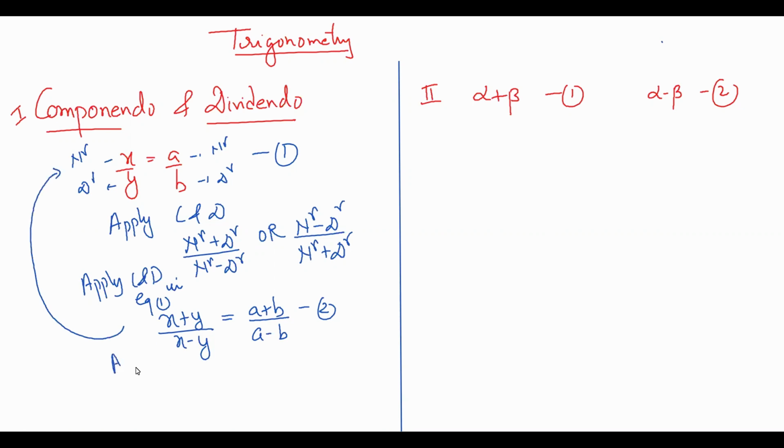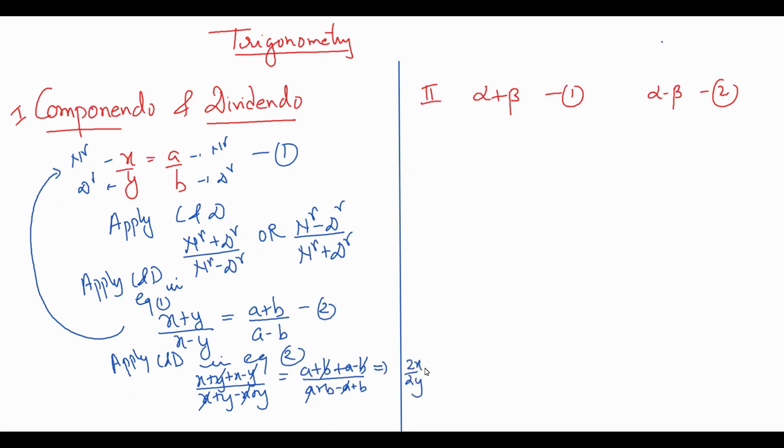Applying C and D in equation 2, on the RHS we get numerator plus denominator upon numerator minus denominator. This gets cancelled out, x by x, b, b, a. What we get is 2x upon 2y is equal to 2a upon 2b, or x upon y is equal to a upon b.